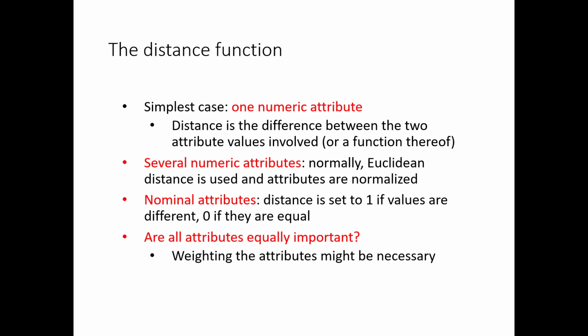The next question is whether all the attributes are equally important. If you assume that some attributes are more important than others, then we need to use weighting. That's how we usually work with the nearest neighbor algorithm.